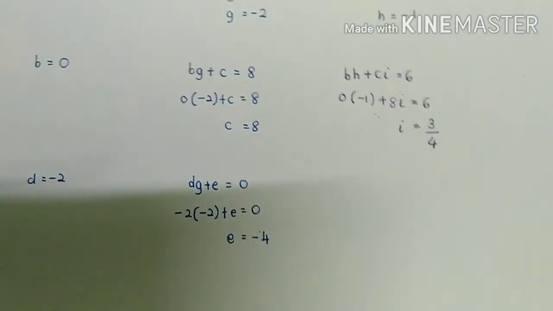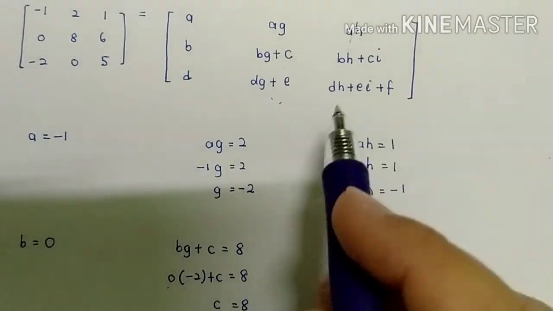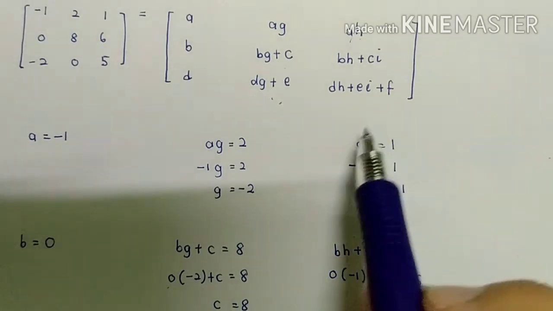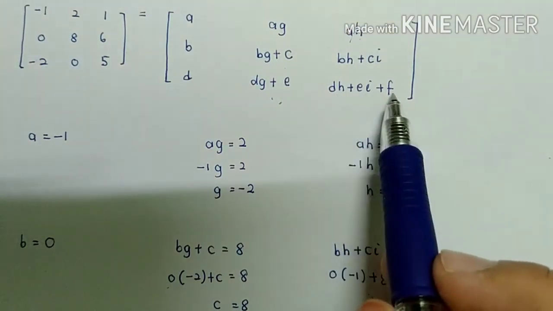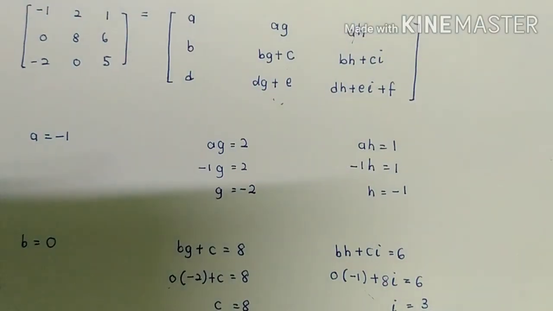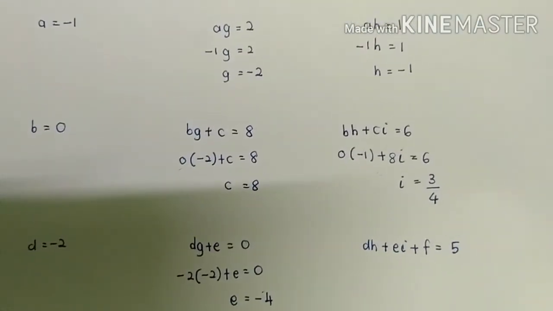Okay, and for the last row and last column, we have DH plus EI plus F equals to 5. Okay, so we substitute.